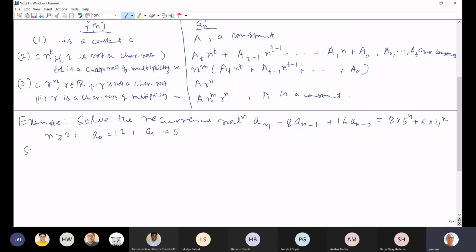We have to find, first of all, the general solution of the homogeneous part. Okay, this is the first case.